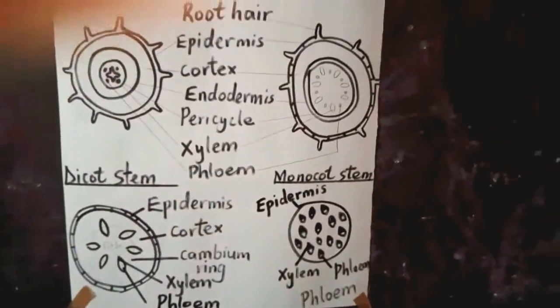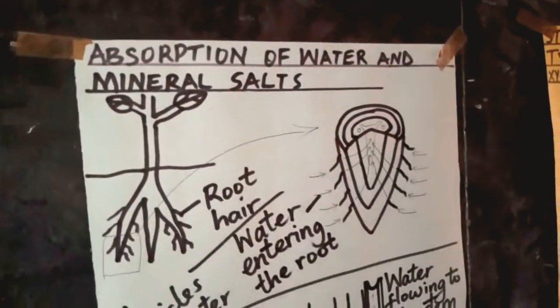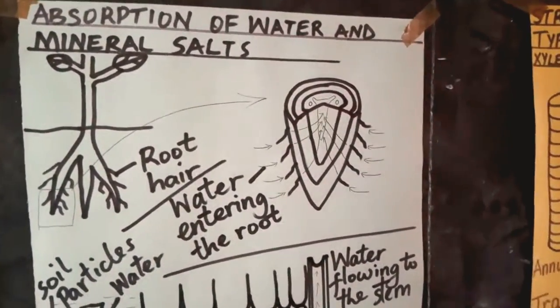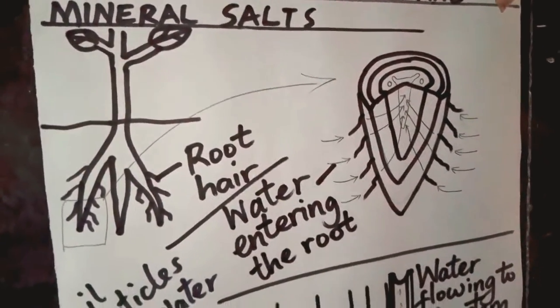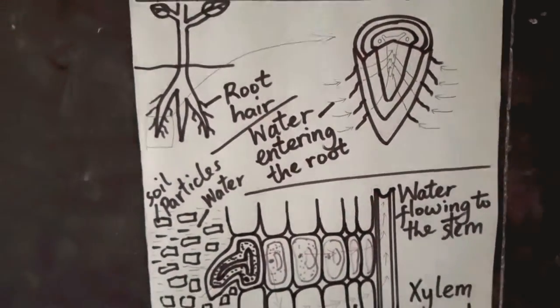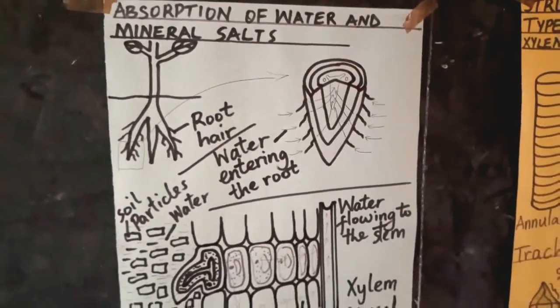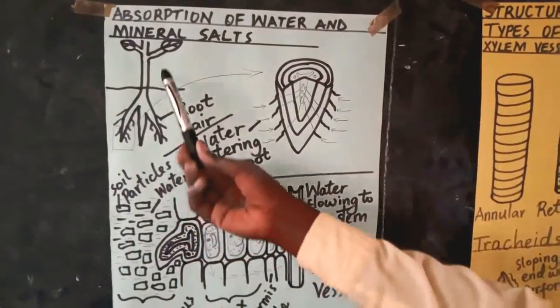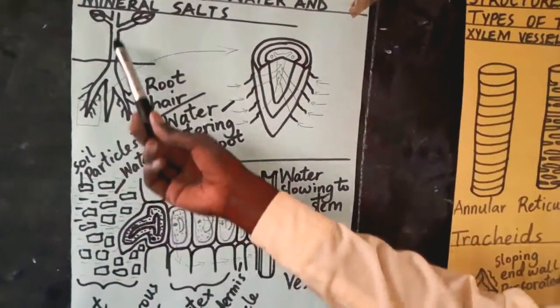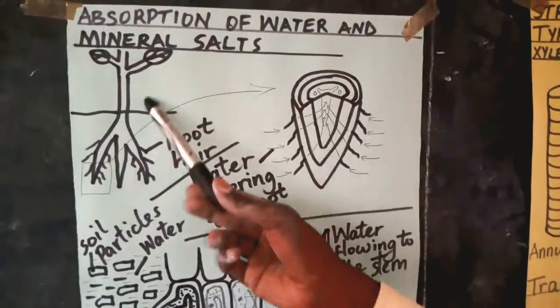I would also like us to move to something else, whereby we are going to look at the process of absorption of water and mineral salts, which occurs from the roots of a plant to the other parts of the plant. We have a diagram of a tree here. You can look at its roots.